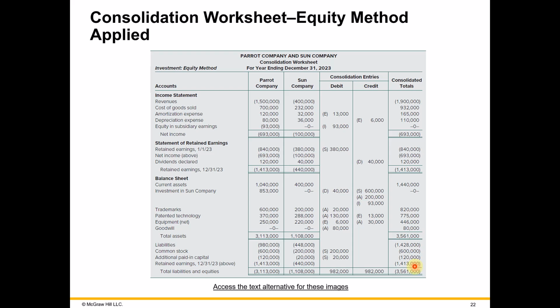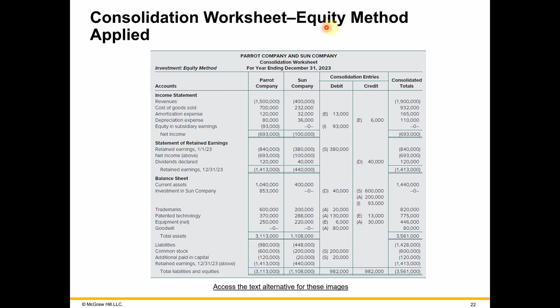Also, this whole worksheet is based upon the parent using the equity method during the year, the parent reporting the equity method of the sub's numbers during the year, requiring us to prepare these specific journal entries here.